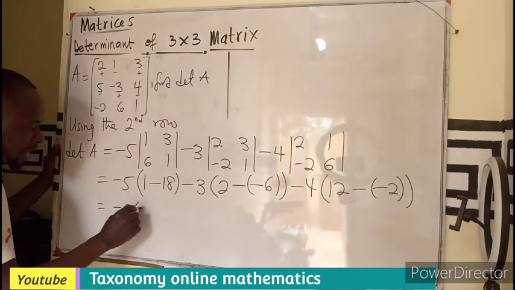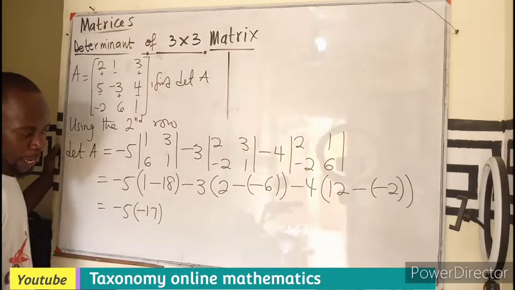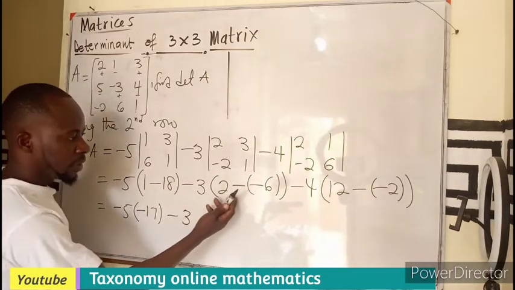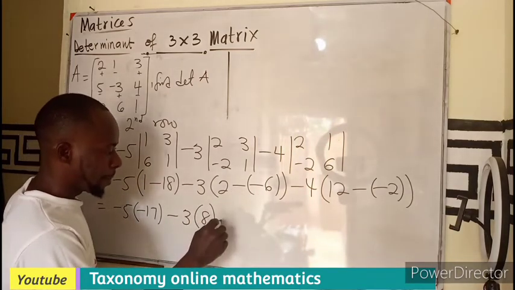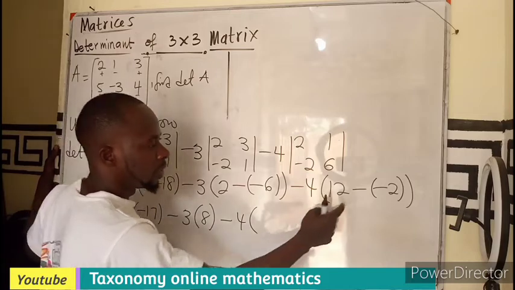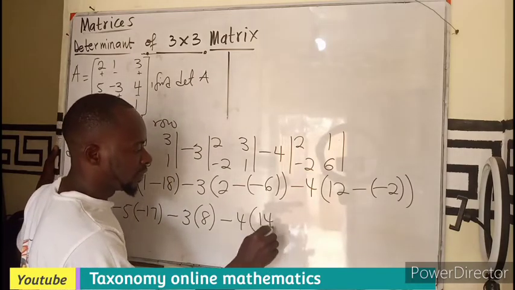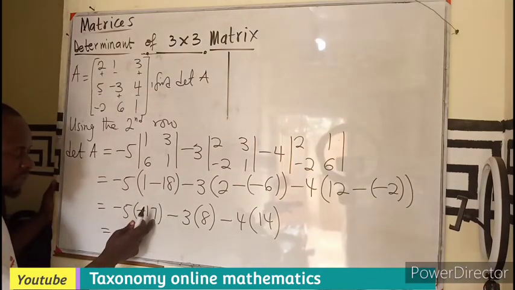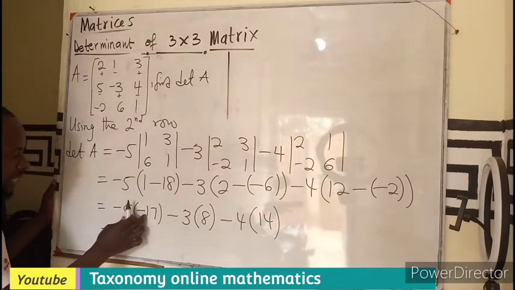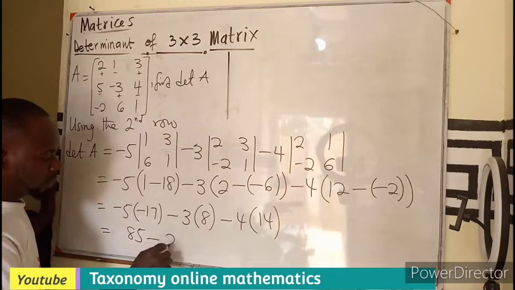Minus 5 multiplying minus 17 per subtraction here. This is plus, so into bracket 8. This is going to be plus. So what do I have? 14. Okay. This will be 35, so minus 85. So be plus, negative, negative, positive. Minus 24.